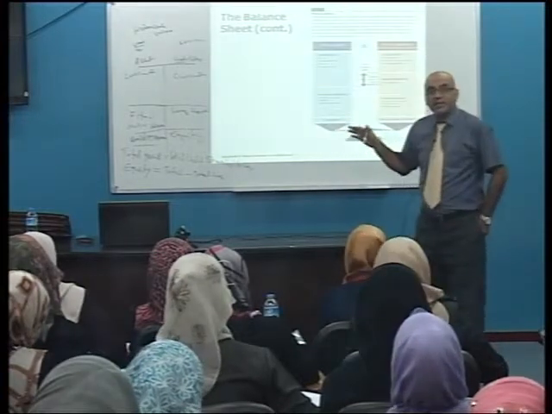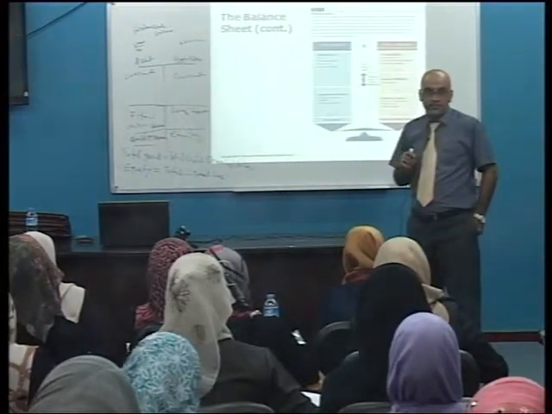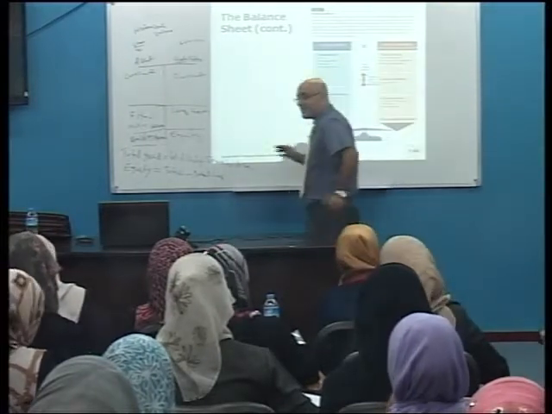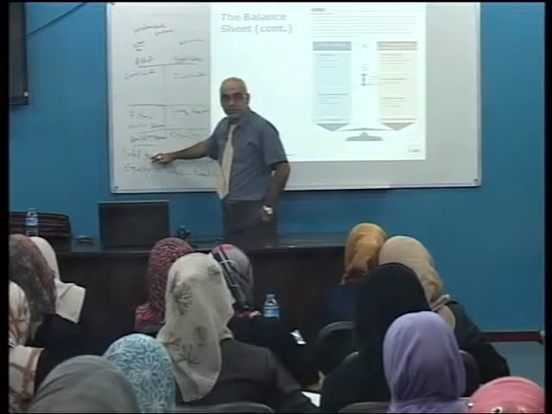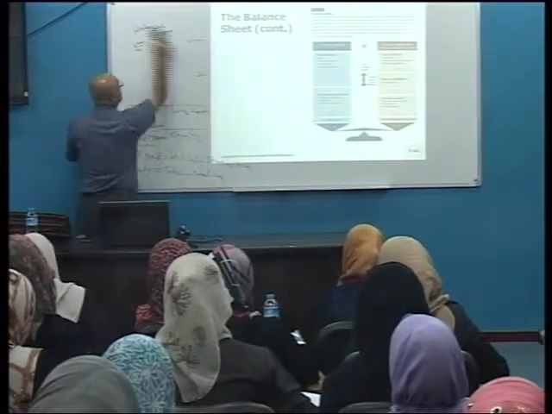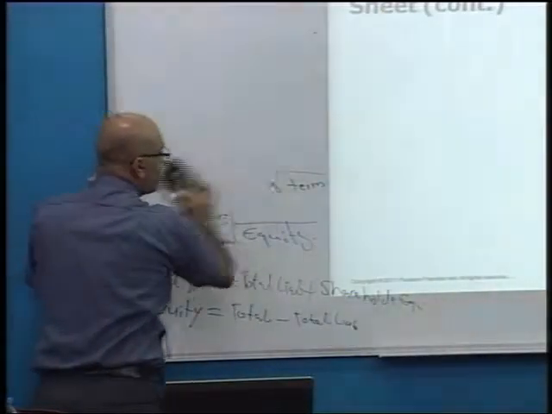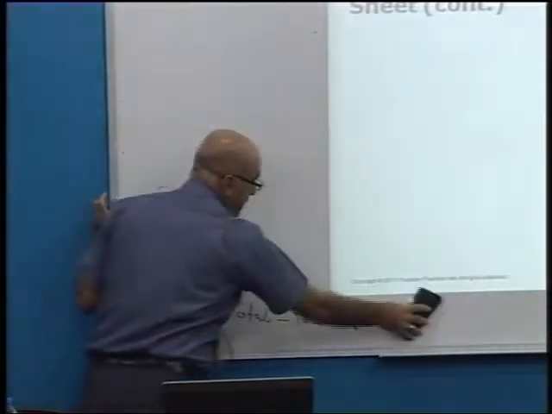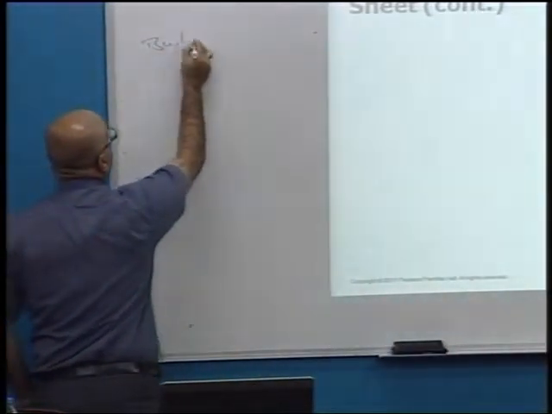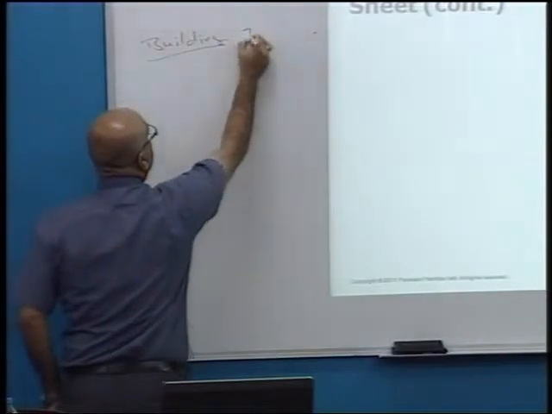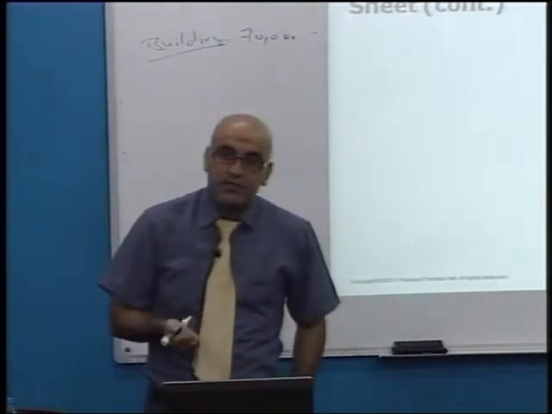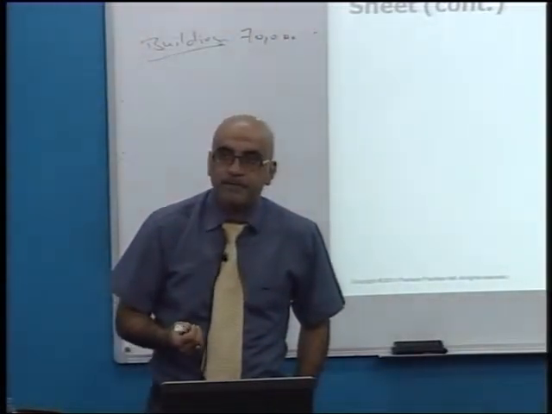This is recorded according to the historical value. The building is recorded according to the historical value, deducted from it the depreciation. Fine? Now let's focus on the building, just to digest what is the importance of the historical value. So the value of the building is $70,000 after the depreciation. What is depreciation?